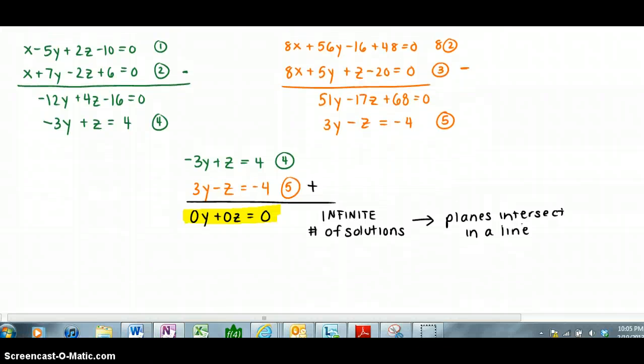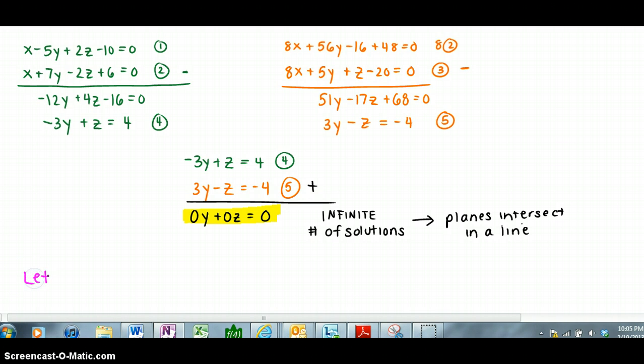If you recall from example 1 in the textbook in this section, we can go back to one of our equations that only has two unknowns, so either equation 4 or 5, and we'll set one of the variables equal to the parameter. Looking at equation 4, I think it would be easiest to set y equal to t, because solving for z in terms of t will then be a very easy procedure.